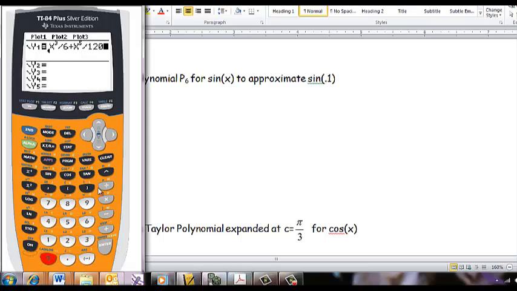So that's what we got, and we're also going to graph sine of x. Let's just graph them both and see what happens. And we're going to make our window zoom in on the y's because sine only goes from -1 to 1. So let's go from -3 to +3 and see what happens.